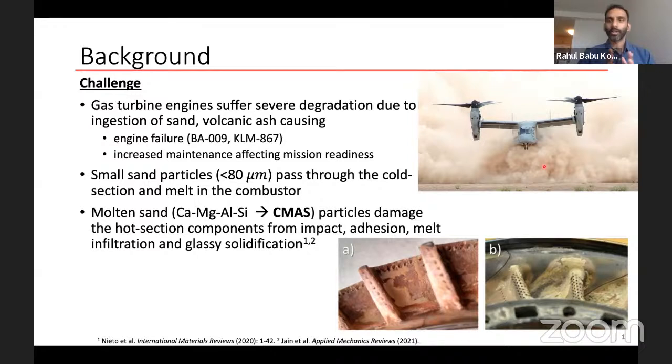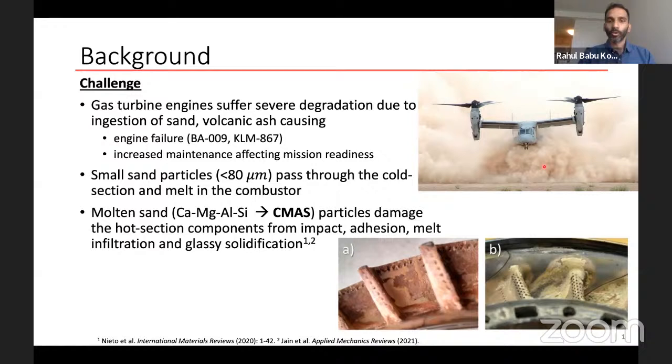We can't increase the filter size at the inlet, because that would cause a much bigger pressure loss and reduce the efficiency. So we want to understand the damage this molten sand causes on the hot section components.